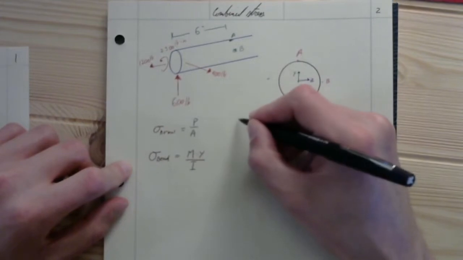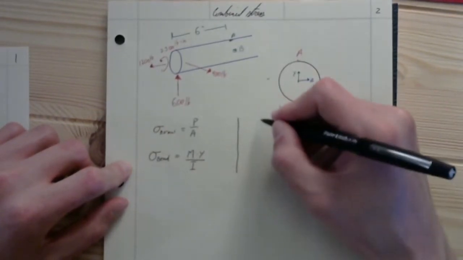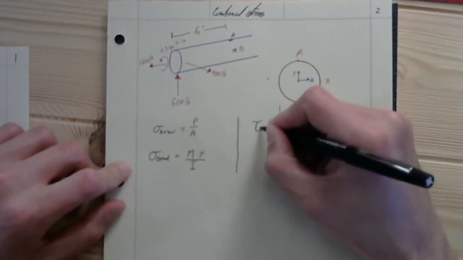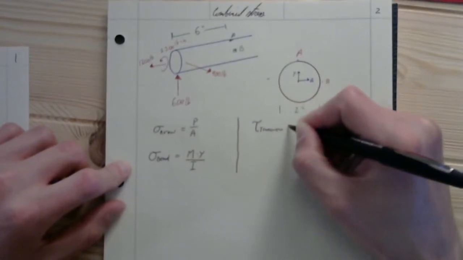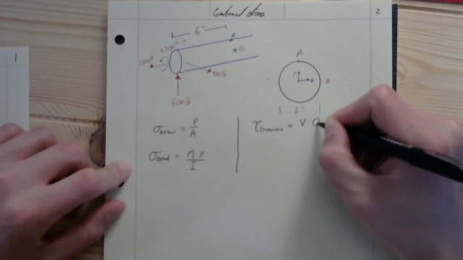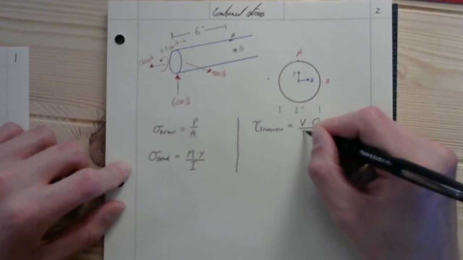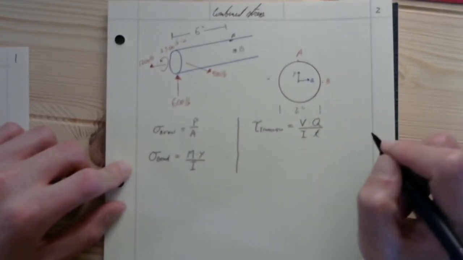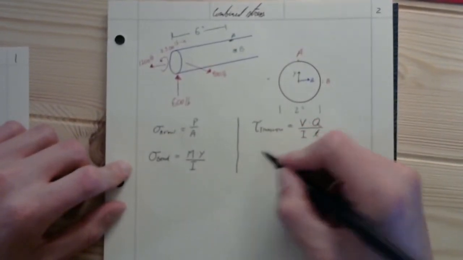You're also going to have to consider the shear stress. So you're going to have shear stress from transverse shear, and that will be V times Q divided by your second moment of inertia and the thickness of the section at that point.